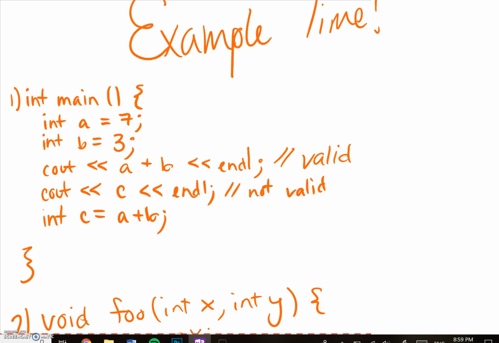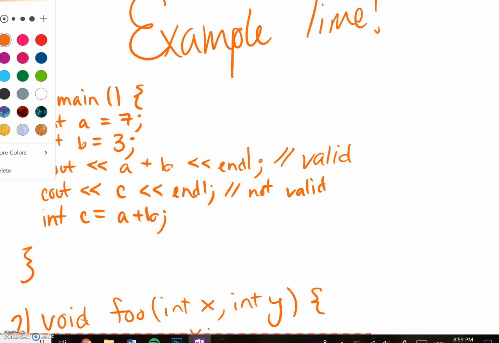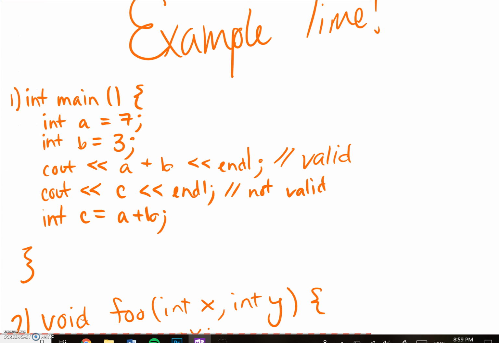So, for our first example, we just have our main program. So we'll just run through this line by line and see what goes on. So, first line, we have int a equals 7. Okay. So I'll just draw a little diagram of what's going on to see how this scope is working.